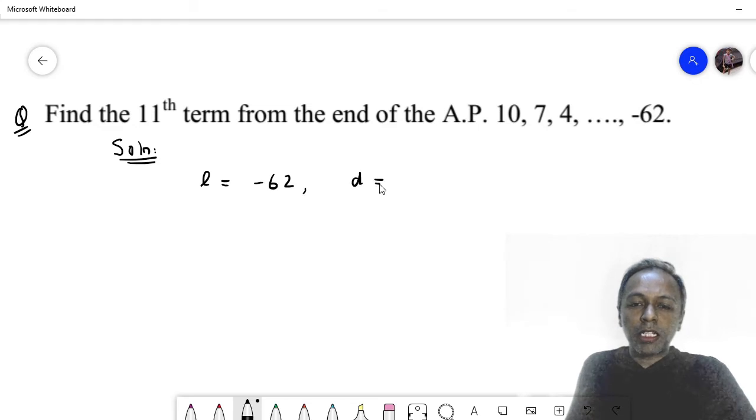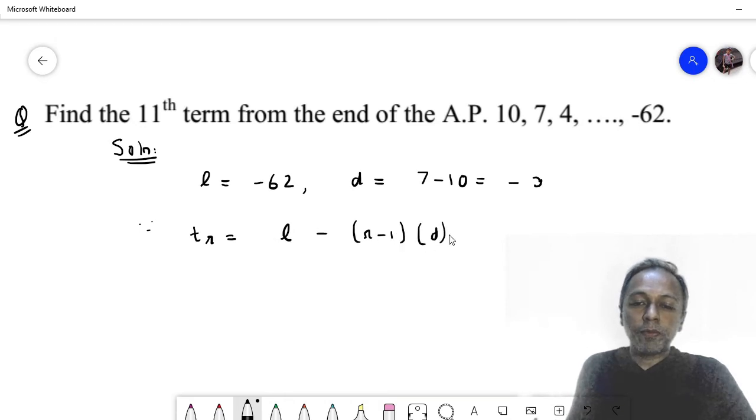We can understand that the common difference is 7 minus 10, which is equal to minus 3. Let us now write the formula for the nth term from the ending as Tn is equal to L minus (n minus 1) into d.